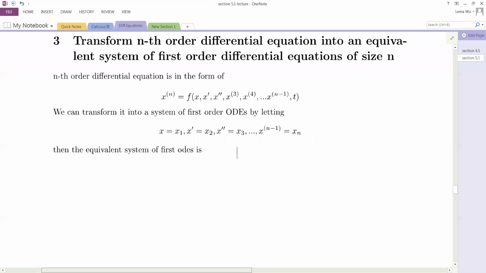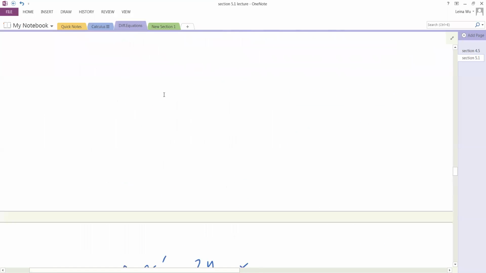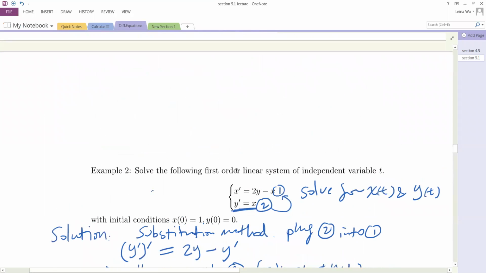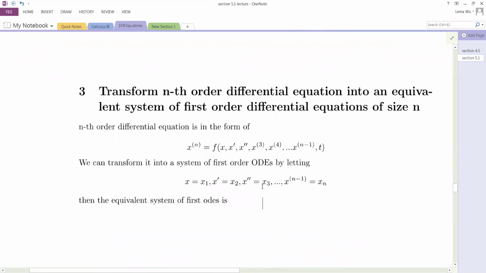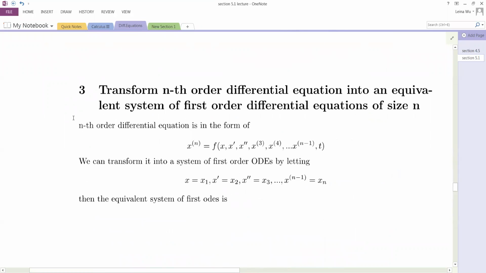So the last part of this section: we've seen some cases of solving first order differential equations in a system, and a lot of times you can use different methods to solve them. With this in mind, we can transform nth order, higher order differential equations into a system of first order ODEs. Suppose I have a higher order differential equation of nth order.